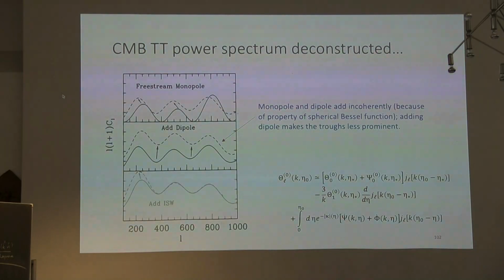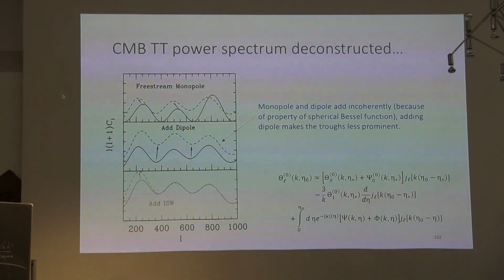They add incoherently because of the orthogonality relations amongst the spherical Bessel functions. And so what adding the dipole does essentially is that you raise everything by a little bit. Okay, so just going back to the previous plot over here, your oscillations here can be 0, but free streaming already removes the power from 0. And adding the dipole removes it further away from 0 again.